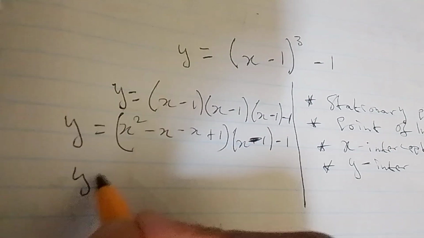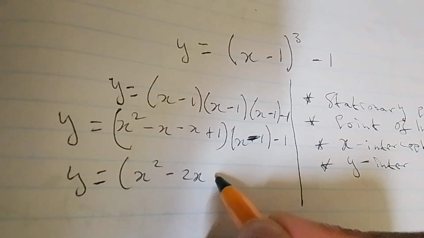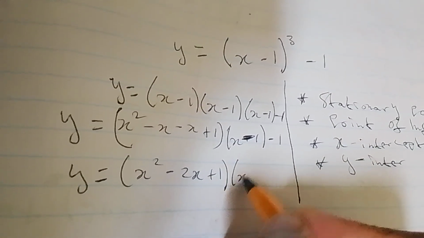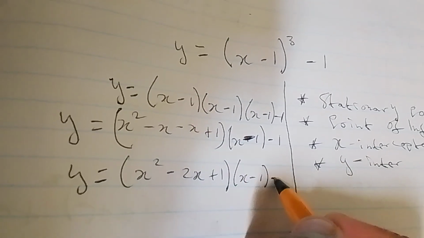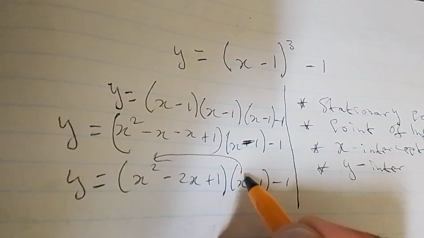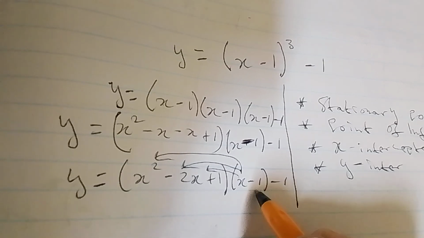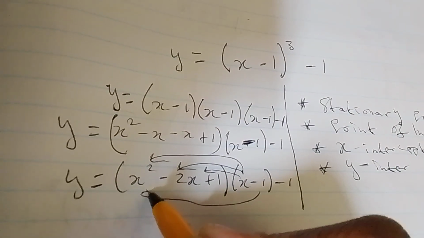So here I have y equals x squared minus 2x plus 1, into x minus 1, minus 1. Then now I'll have to multiply this one here, multiply this one there, and again with this one I have to multiply it here.